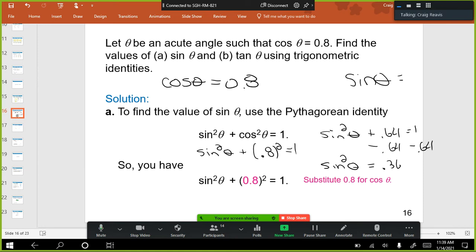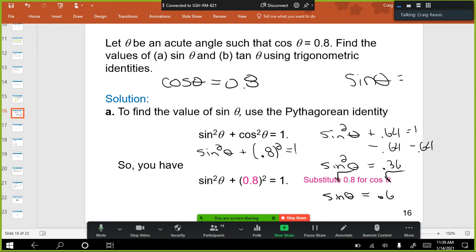And then to get sine, since I've got sine squared, we take the square root of both sides. That gives me what sine of theta is, and the square root of 0.36 should be 0.6, right? I don't have a regular calculator over here. Where's my square root button? The square root is 0.6. So the sine of theta equals 0.6.